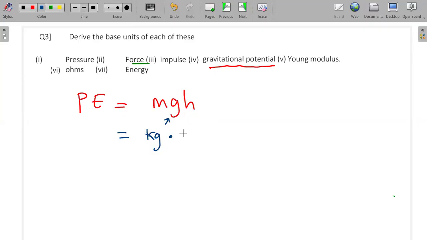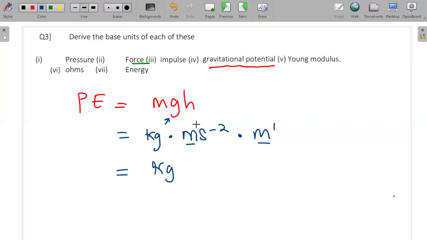It doesn't matter if it's acceleration due to gravity. As long as it's acceleration, it will have the same units. Okay, so acceleration, we said its units were what? Were m s to the power minus 2. Then multiplied by the units for the height. So height is the same as length. So length is measured in meters. Okay, so this one is just going to be kg, and then this is m and m.